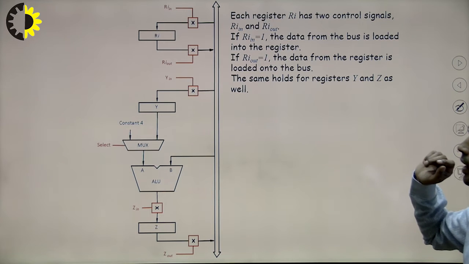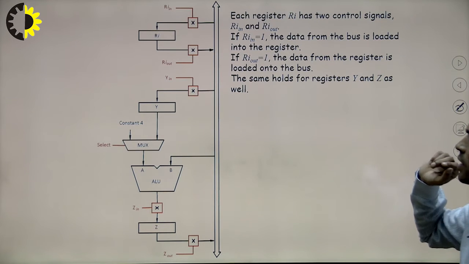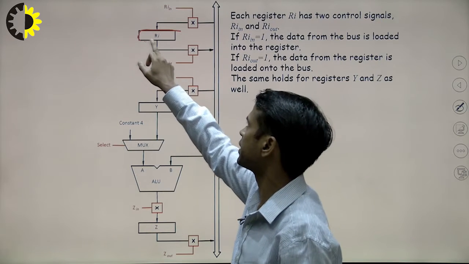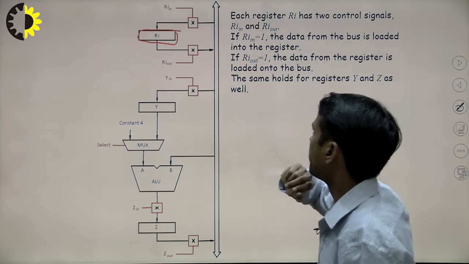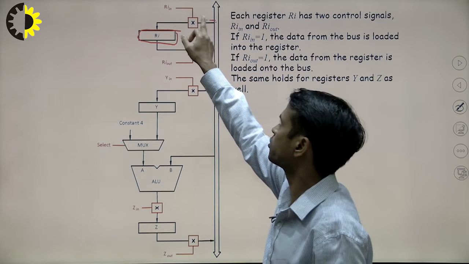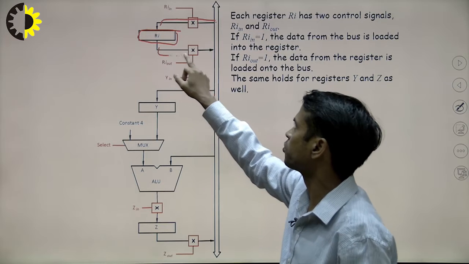We are showing a very specific example of one general register, like register Ri, and we have already shown you in detail that there is one input path and one output path.